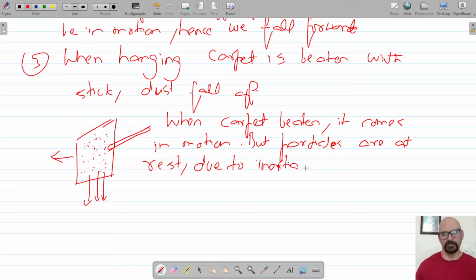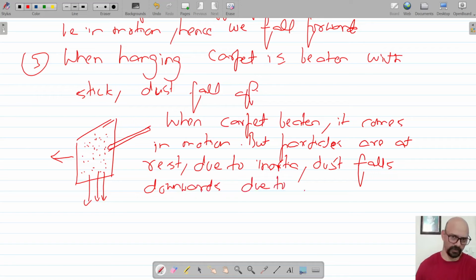And hence the dust falls off due to gravity. It will fall downward due to gravity, it will not go upwards. So because of the force of gravity the dust falls off downwards. So this is what inertia is, and these are very convenient examples that we can show.